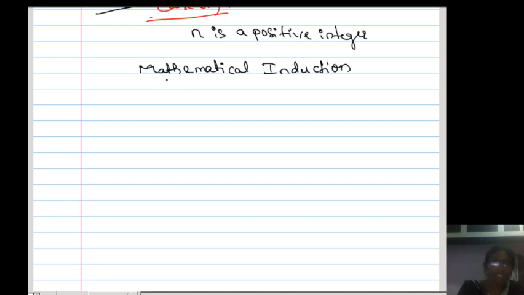In mathematical induction, if the given statement is true for n equal to 1, and we assume that the given statement is true for n equal to k, then we have to prove that the given statement is true for n equal to k plus 1.